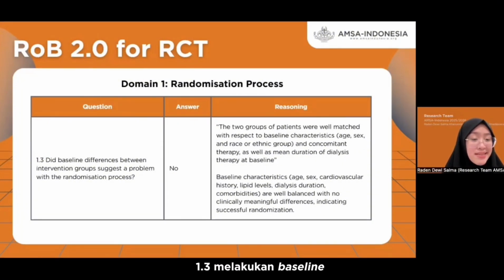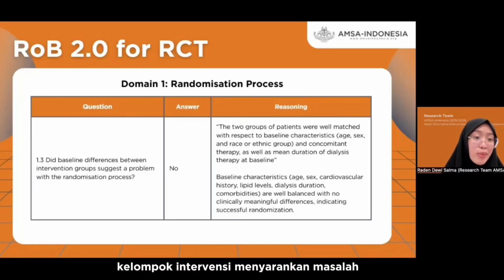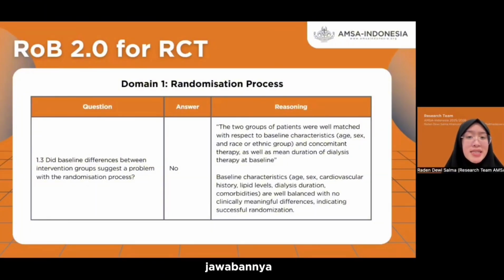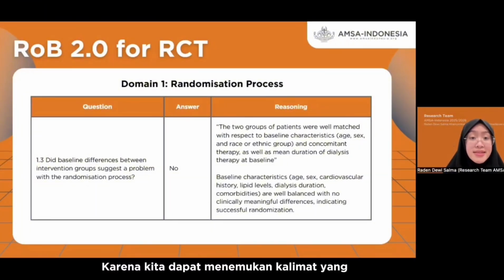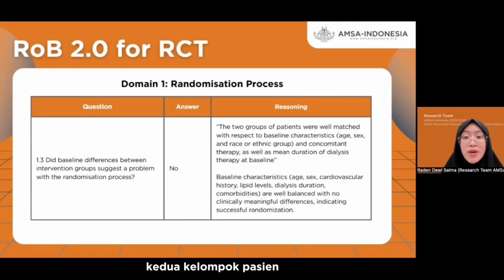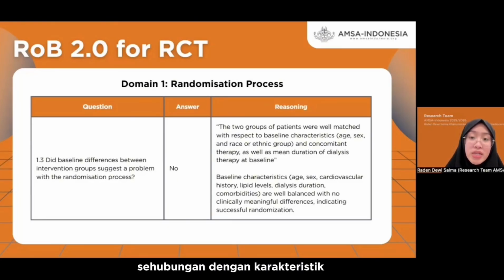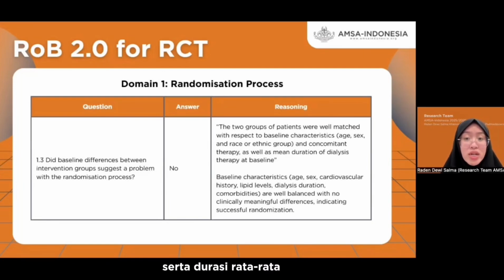1.3, did baseline differences between intervention groups suggest a problem with the randomization process? The answer is no. For the reason, we can find the sentence that states the two groups of patients were well matched with respect to baseline characteristics, age, sex, race or ethnic group, and concomitant therapy, as well as mean duration of dialysis therapy at baseline.